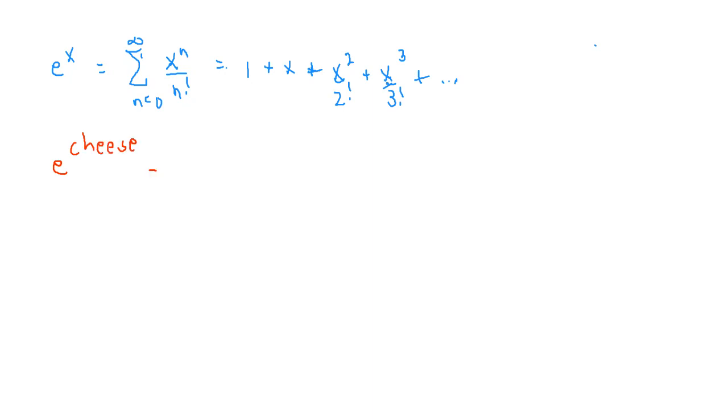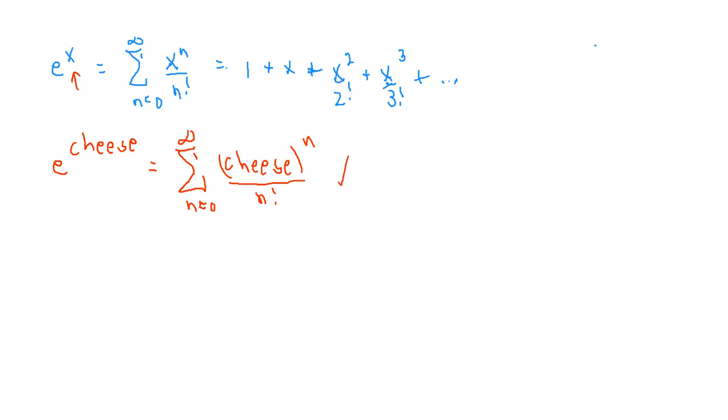Cheese is my power. So x is a variable, right? Let's say my variable equals cheese. I'm going to substitute in cheese for x, and that's going to be my power series.